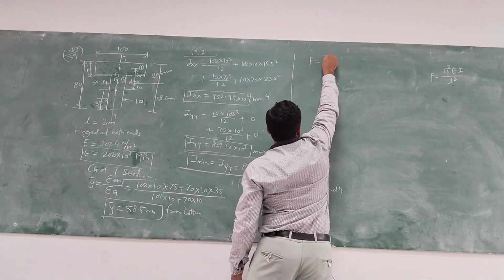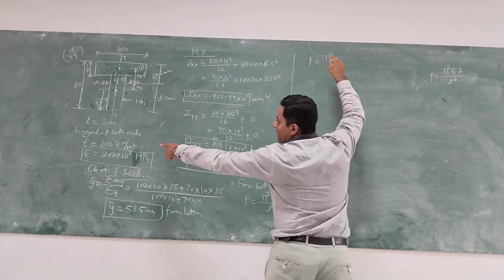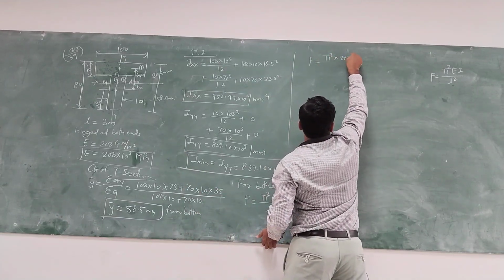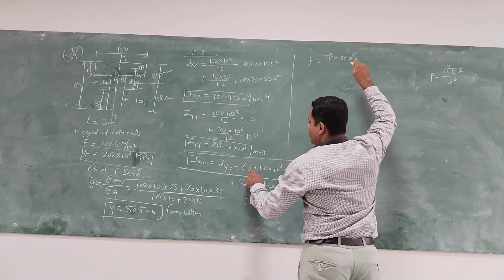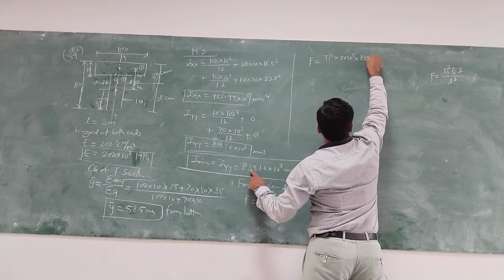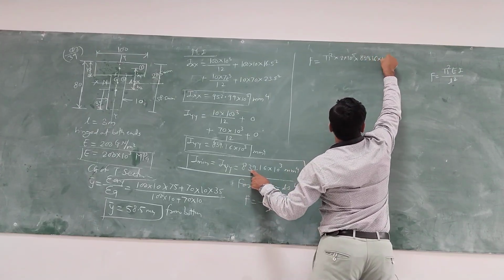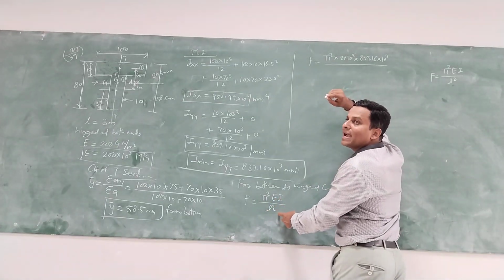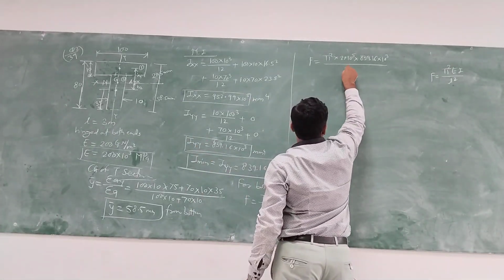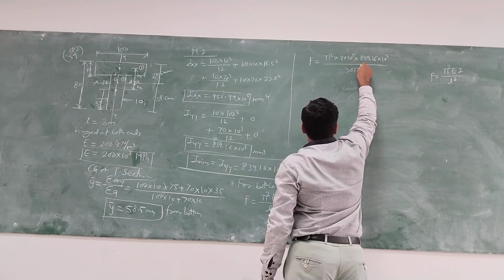F is equal to pi square into E. E is 2 into 10 raised to 5. Pi square E into I. I means I minimum, 839.16 into 10 raised to 3, divided by L square. What is the length? 3 meter.